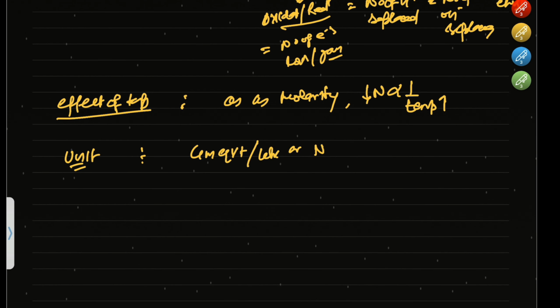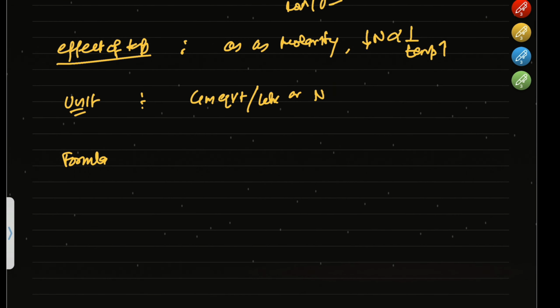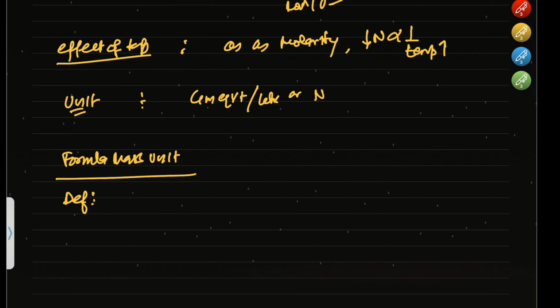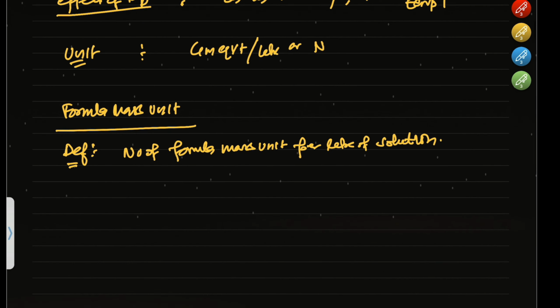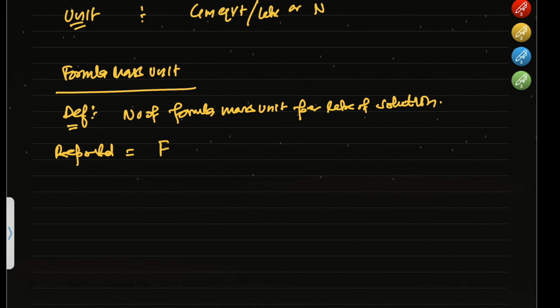Next is formula mass unit. Definition: number of formula mass units per liter of solution is called formula mass unit, represented by capital F. Formula: F is equal to formula mass upon volume of solution in liter.